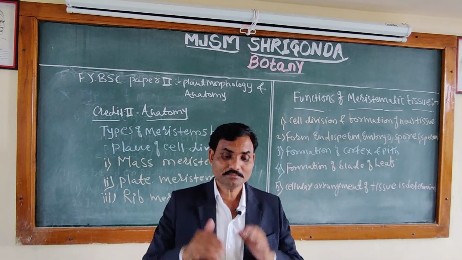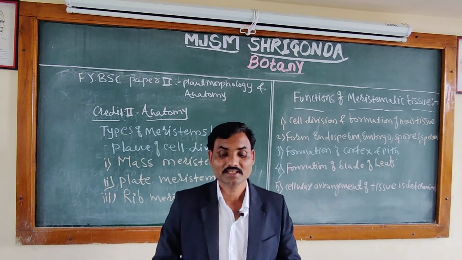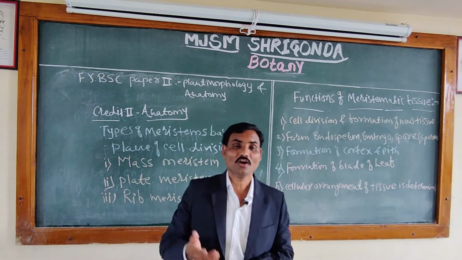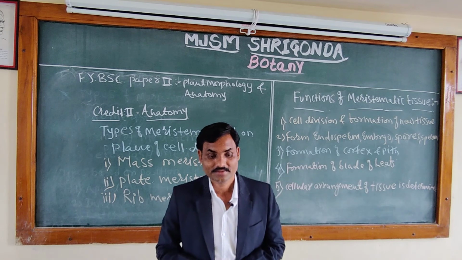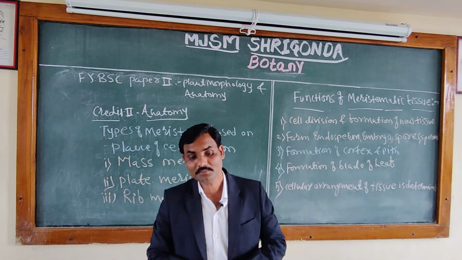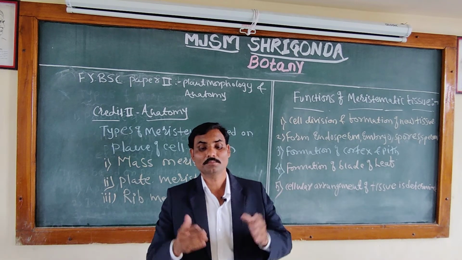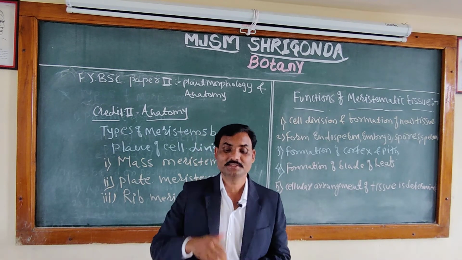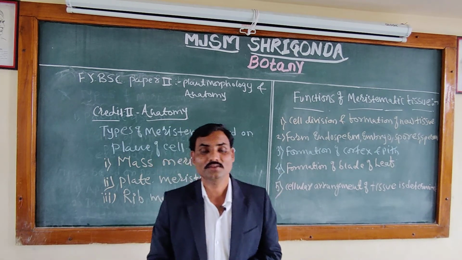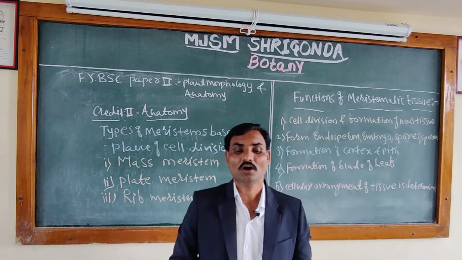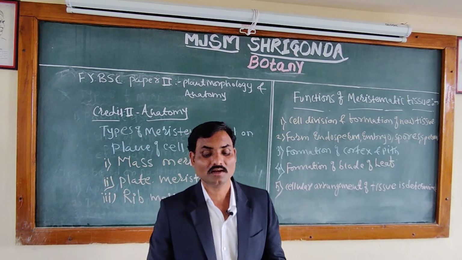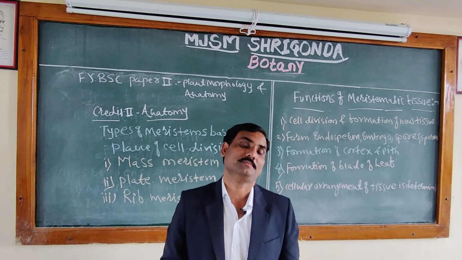Then plate meristem divides anticlinally in two planes so that new cells are formed in layers. Then the uniseriate or multiseriate epidermis is formed, forming the flat blade of the leaf, and the cellular arrangement of a tissue is determined by the growth pattern of its meristems.